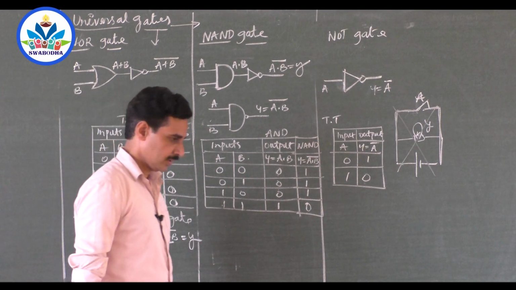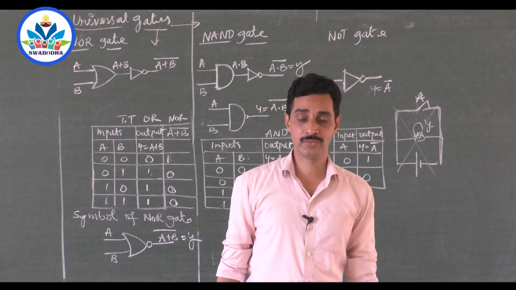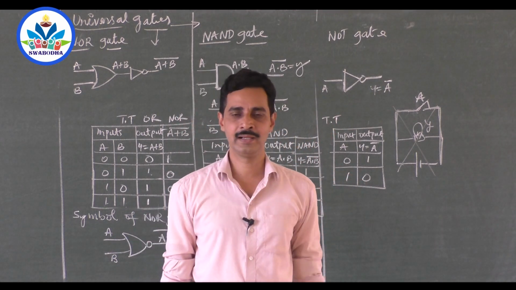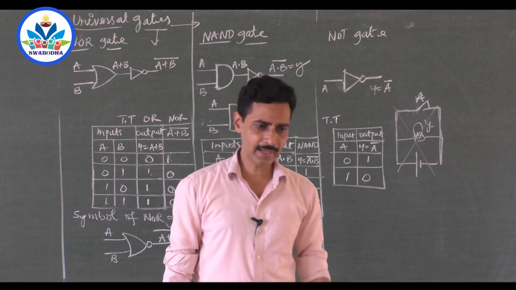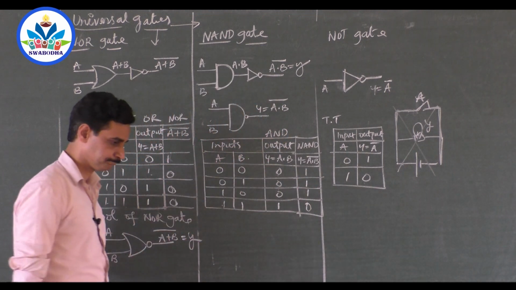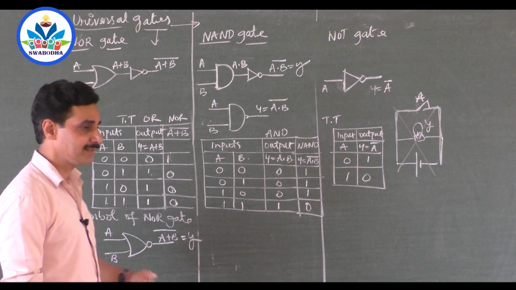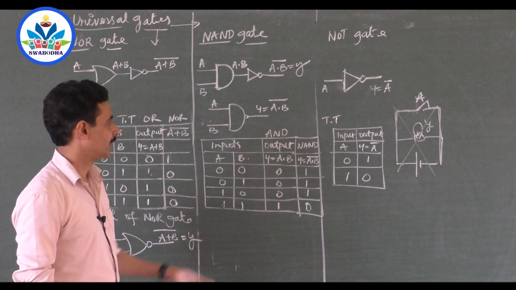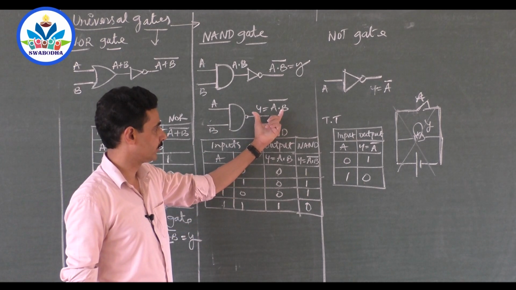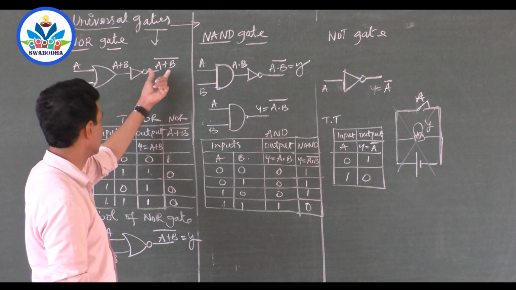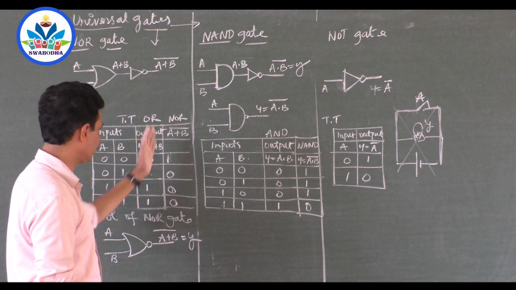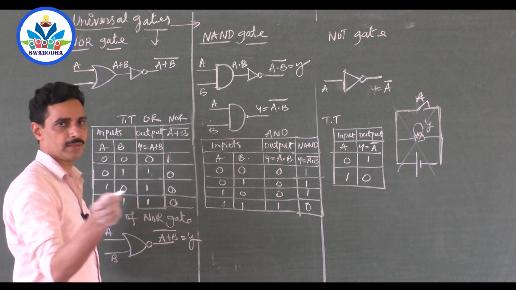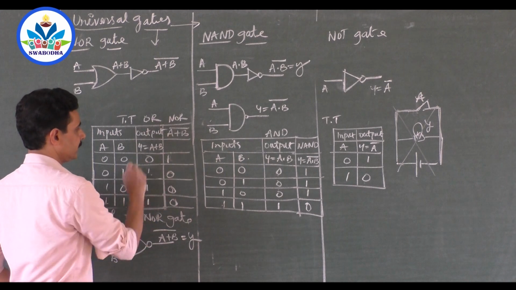So, sir, you said that you call the NAND gate and NOR gate universal gates. And again, these questions are very important. Write the symbol of the NAND gate. Write the logic operation of the NAND gate. Similarly, the NOR gate. Write the truth table of the NOR gate. When asked for the NOR gate, you need not write OR, simply write NOR.